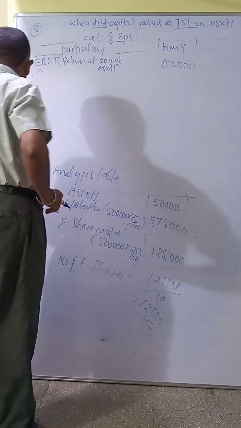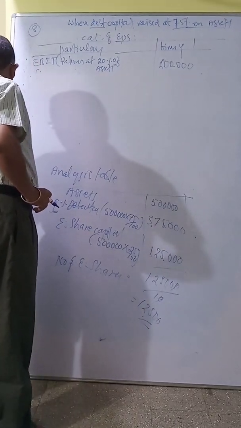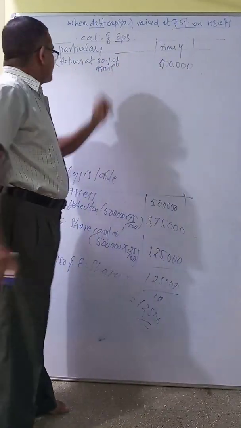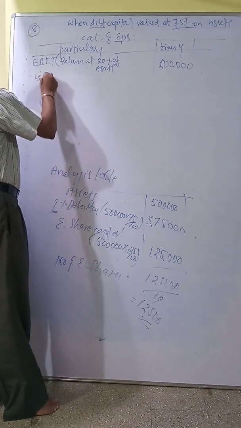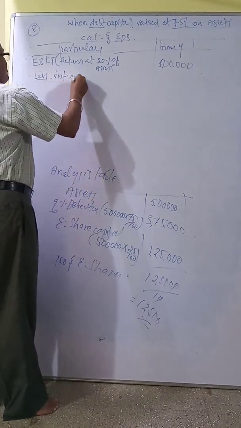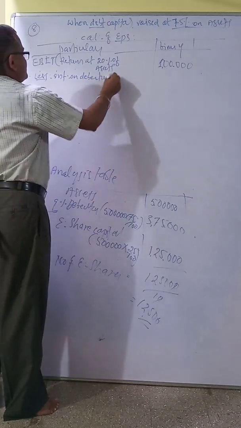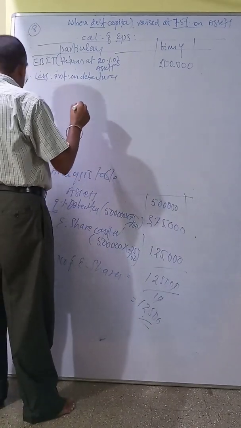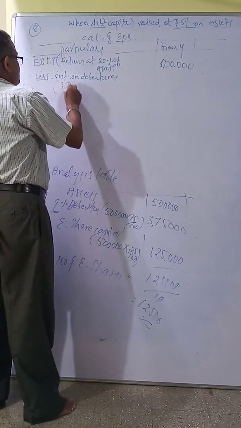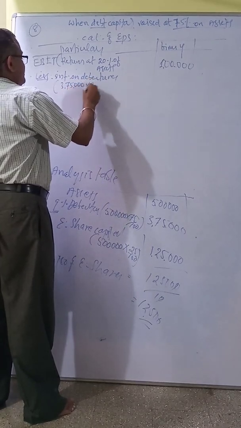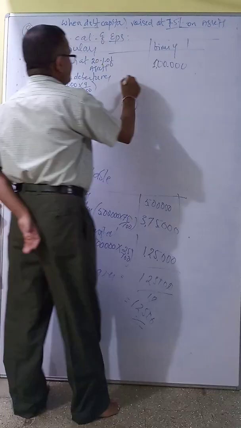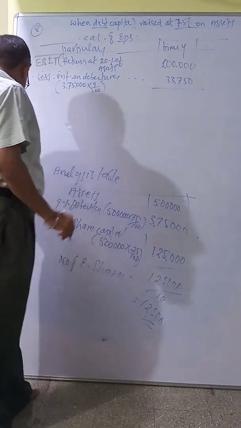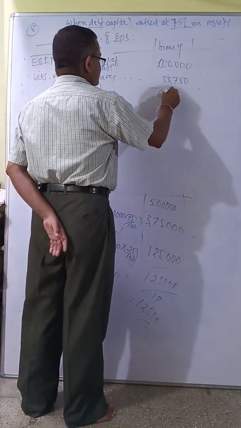Now, how to calculate earning per share? EBIT is the same, 20% of assets, 1 lakh. Less: interest on debentures, 3,75,000 into 9 divided by 100, we deduct 33,750. So 66,250.